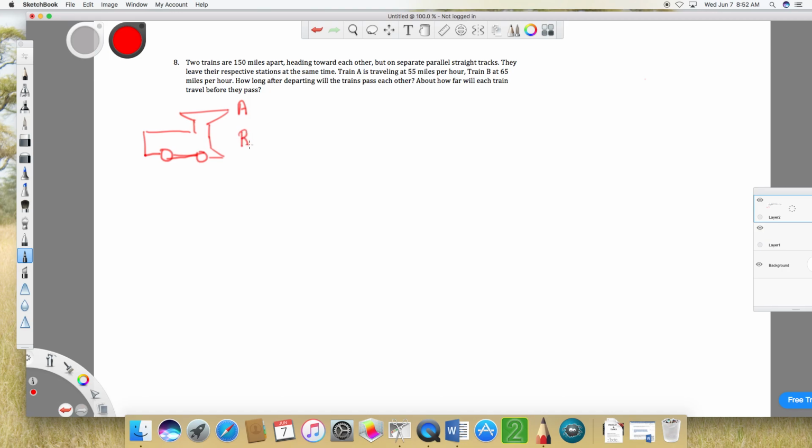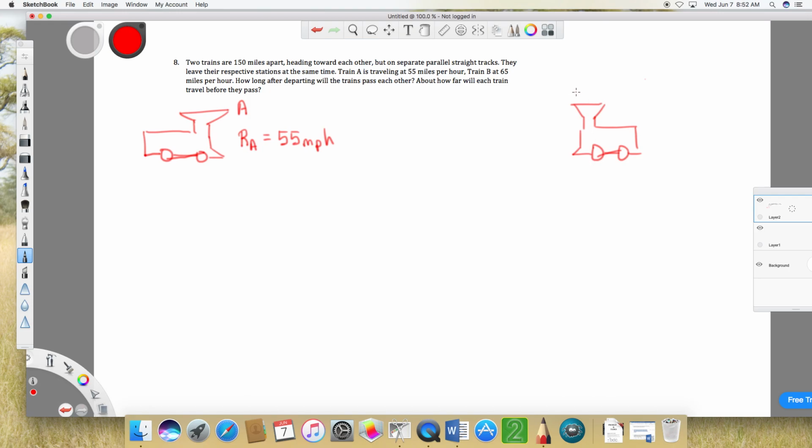So the rate of Train A is given as 55 miles per hour, and so let's come over here and draw our picture of our other train.